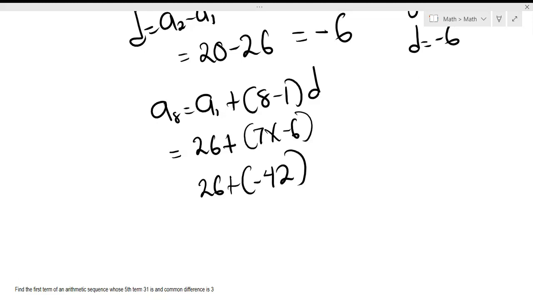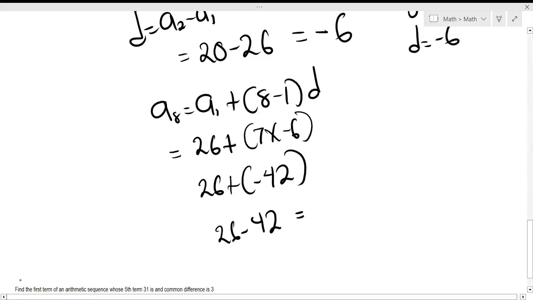So we have 26 minus 42, that should give us minus 16.